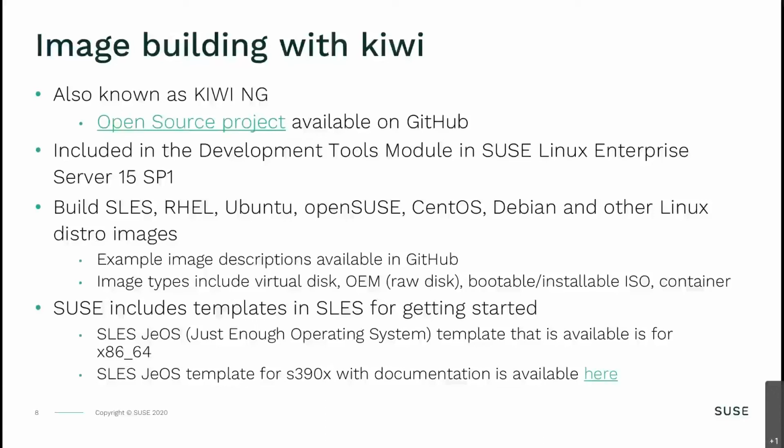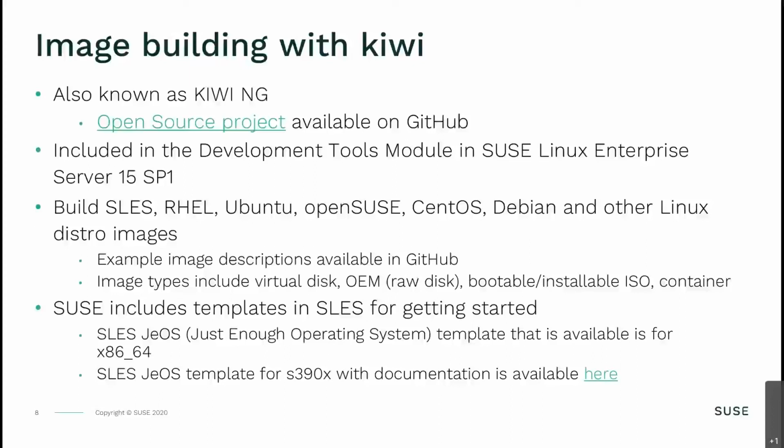If you're utilizing Kiwi in SLES, there are some additional packages that are included. We call them our JeOS, or Just Enough Operating System, template package, but it's really only available for x86. It's included in the S390X media. You can install it, but when you crack it open and look at it, you'll see that the definition basically is x86_64.